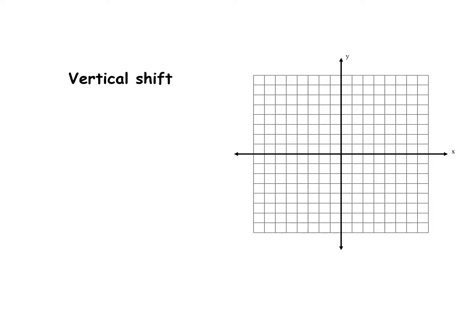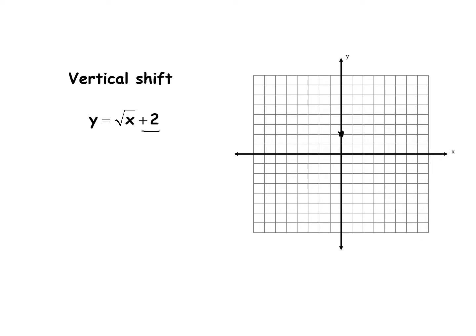Let's take a look at some shifting. So now this +2 is going to be my vertical shift. It's going to be the same thing as when we did all the other functions. So once again, I'm going to put an X here because this is kind of my starting point. So if it was 0, 0, I would start here.